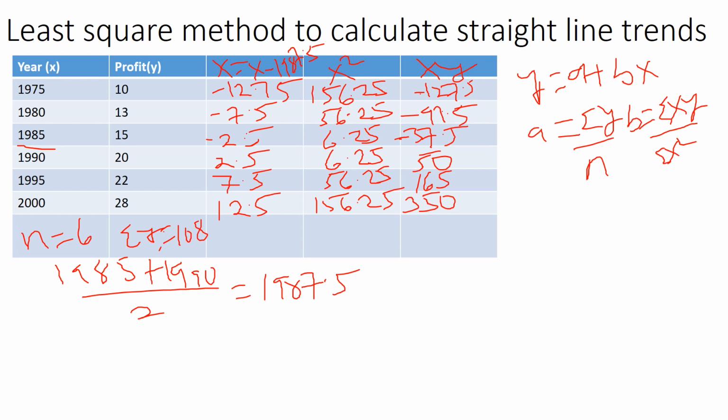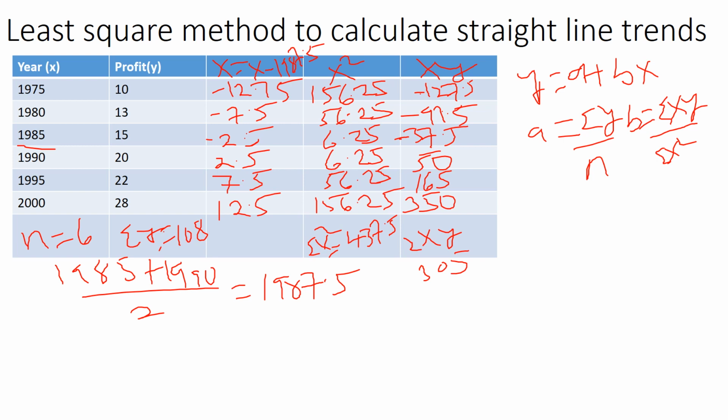And then also you need to get the summation of x squared here. If you add all these, you get 437.5. And also you need to get the summation of xy here, which is equivalent to 305.